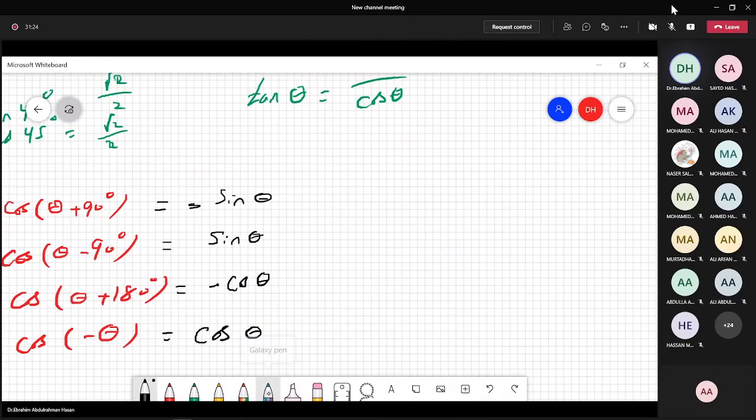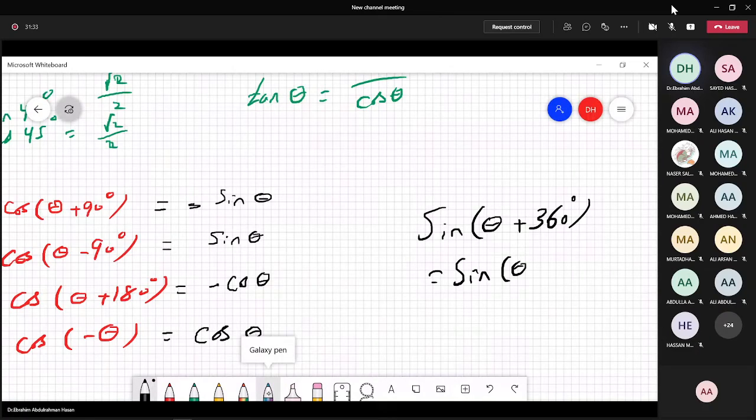But keep in mind that sine theta plus 360, or 2 pi, is equal to sine theta, because 360 returns back to 0. Similarly for cosine.